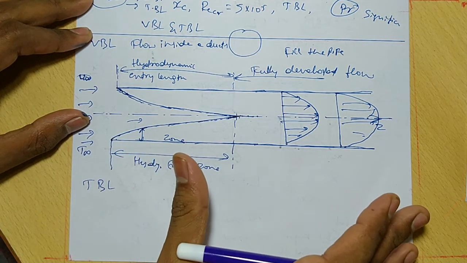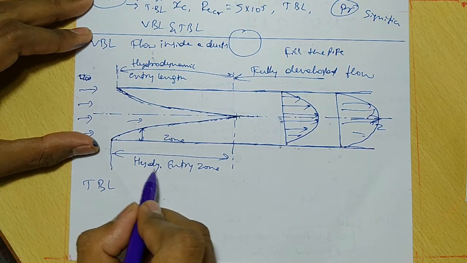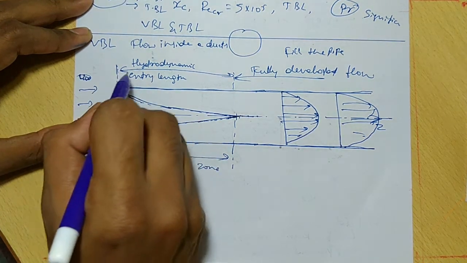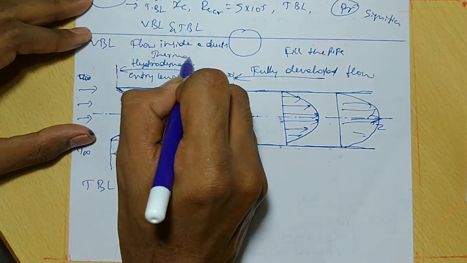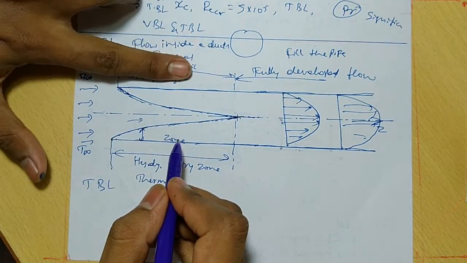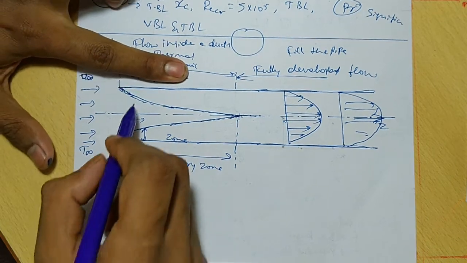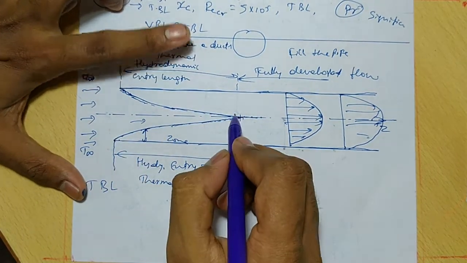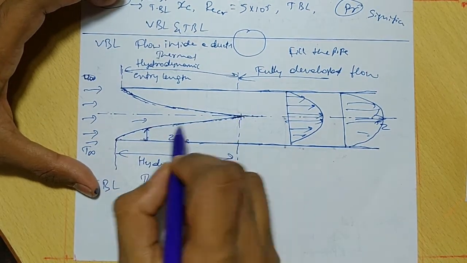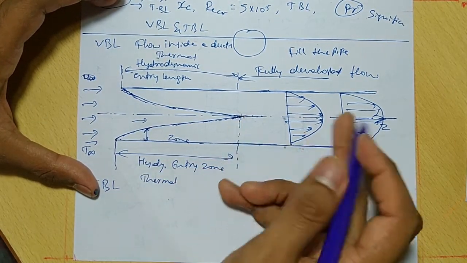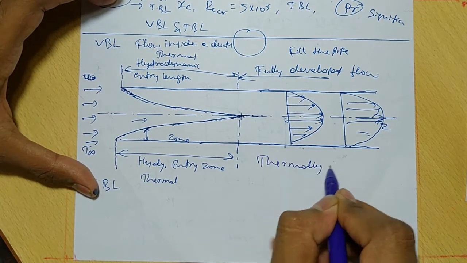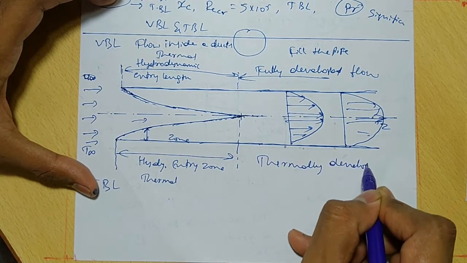Here also the same profile is obtained, but this zone is called the thermal entry zone or thermal entry length. If you consider the TBL, this becomes the thermal entry length. The sketch is the same. After the thermal boundary layer fills, the next zone is called the thermally developed flow.